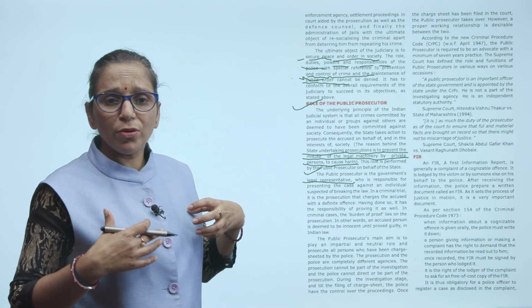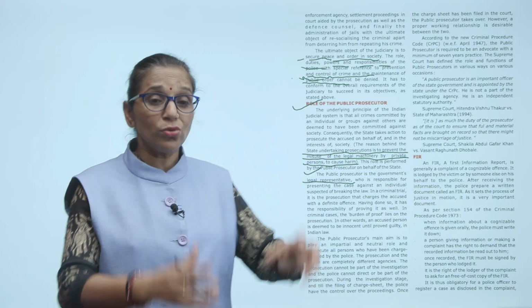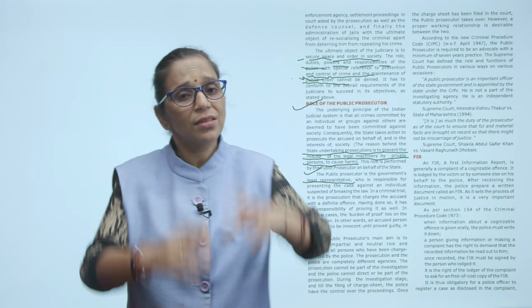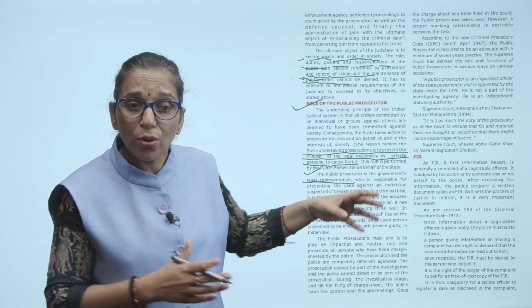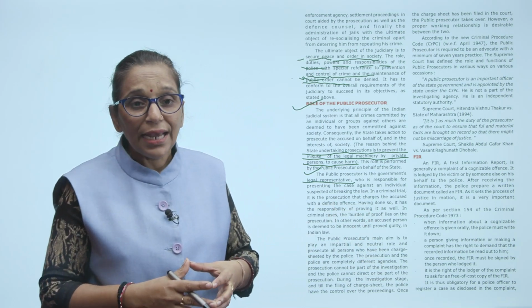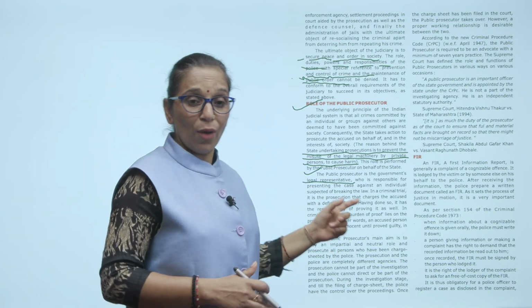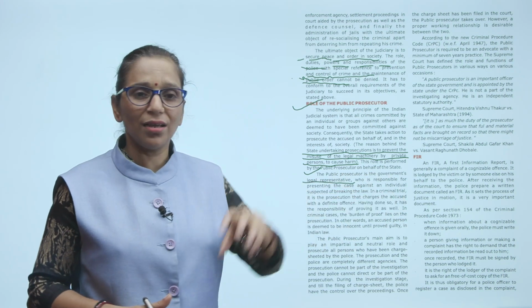If the public prosecutor has said that this is the person, he is guilty, he has done this, then it is the responsibility of the public prosecutor to submit all those evidences in front of the court, so that the court can analyze those proofs. In criminal cases, the burden of proof lies on the prosecution. Okay, why? How can you say that he is guilty?